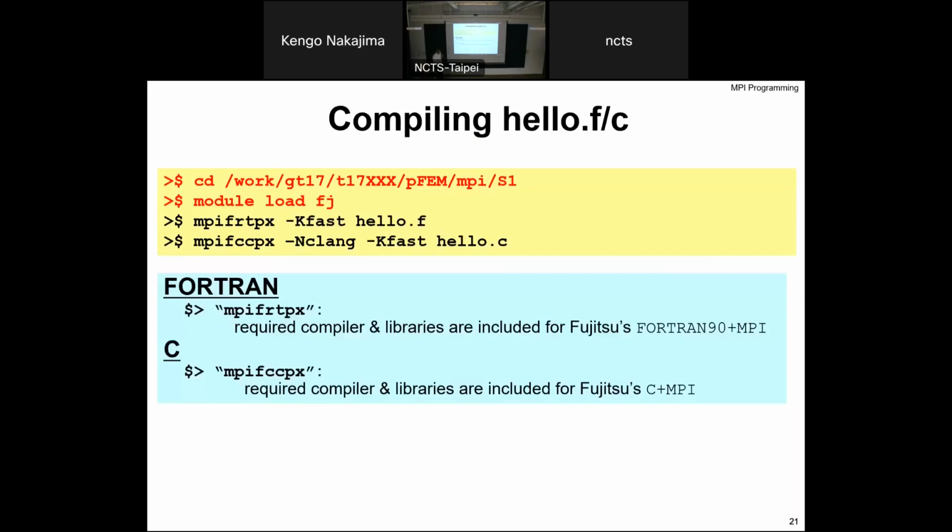This is how to do that in the Fortran case. If you are a C user, please type mpifccpx -Nclang -Kfast hello.c. Please type it this way.